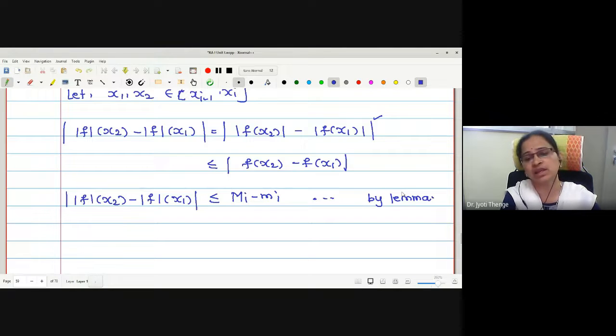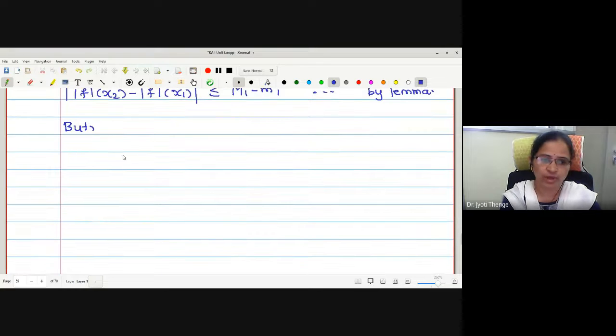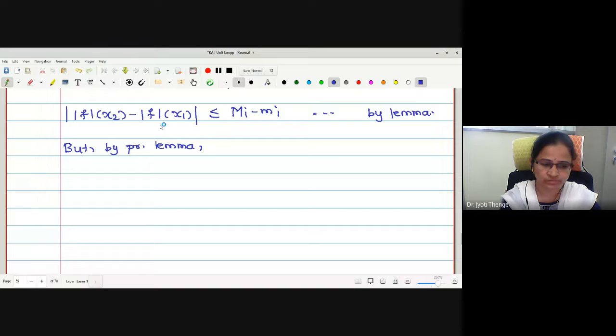Okay. Similarly, let us use the lemma for the left hand side values as well. Again by the previous lemma, I'm going to use the lemma again. What is the suprema for this set, the left hand side set?